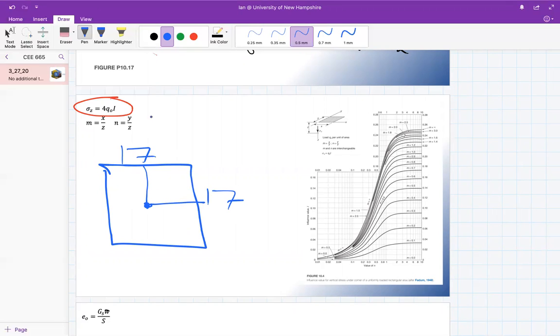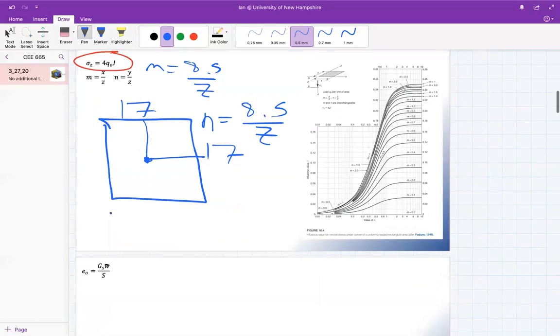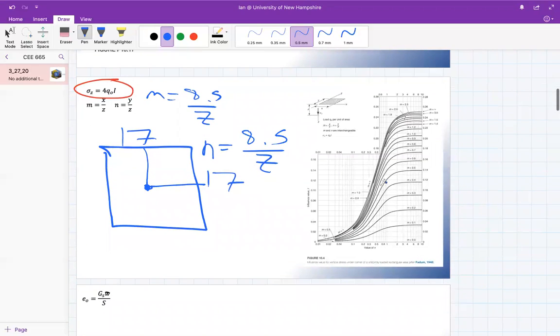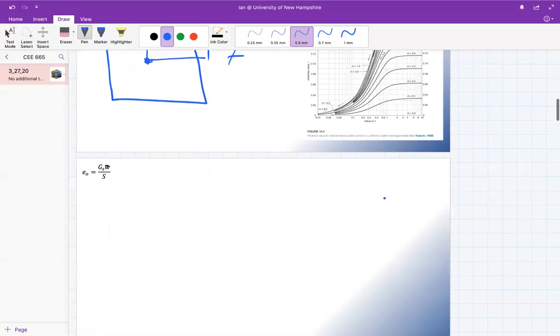So our M is going to be 8.5, which is 17 over 2, over Z. And we need to find Z at different depths underneath the foundation. And for N, we're going to get 8.5 divided by Z. So this is a big chunk of what we're going to do later on in the problem.